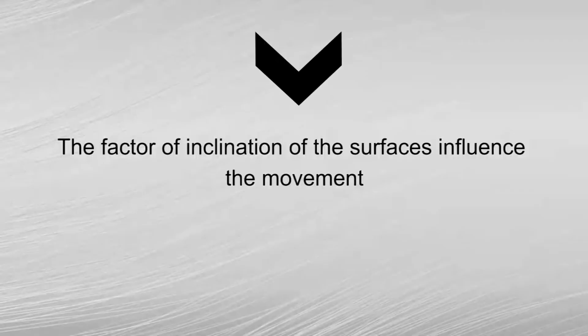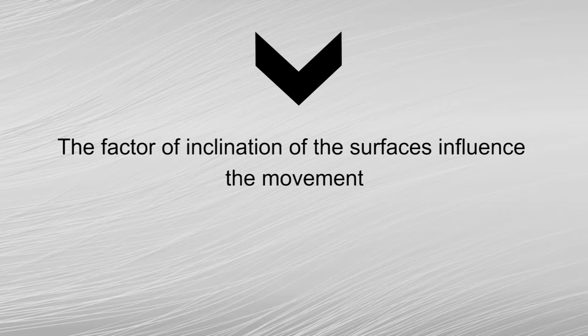They will be able to extend whatever knowledge they have constructed during the activity. So, here they are exploring the factor of inclination of the surface, how exactly it influences the movement.